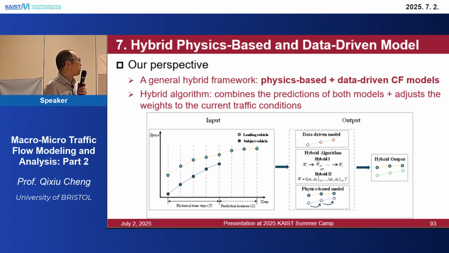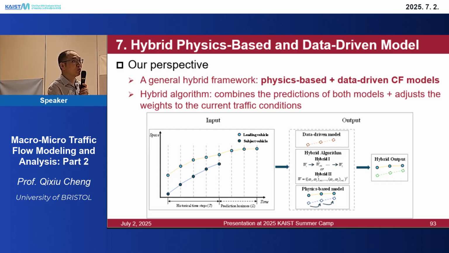But if we look at the physics-based model, we can only predict the next one, and then based on that result, predict the next one, iteratively. So because of these two, we have two types of hybrid.